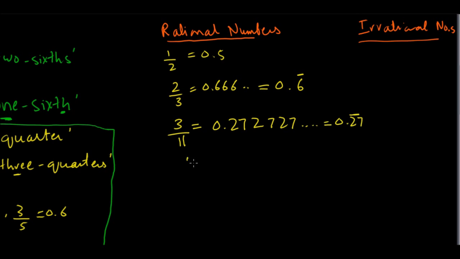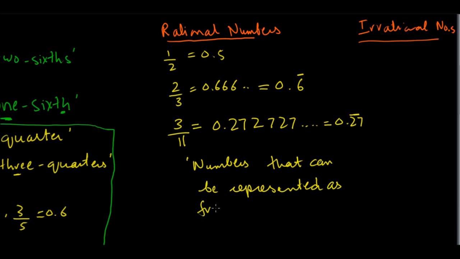Numbers that cannot be represented as fractions are your irrational numbers. So numbers such as root 2, which is a very common root you'll see on GREs, and you should memorize the decimal value of root 2: 1.414, 1.41421 and so on.